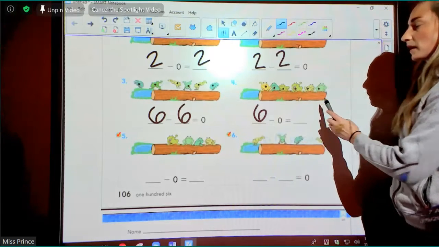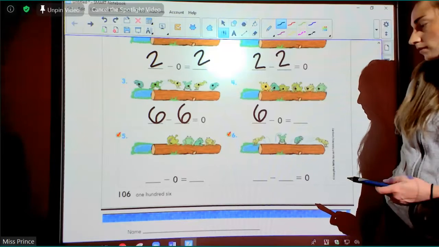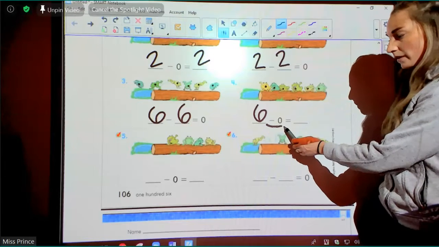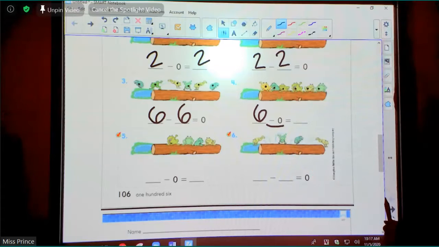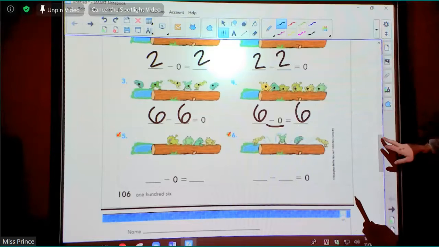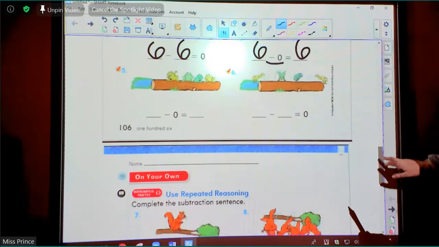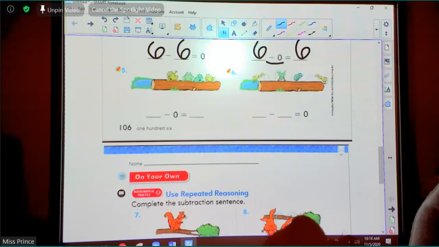Now, take a look at the picture. Are any of them jumping off of the log? No, so that's why we're taking away 0. So how many are left over, Liam? 6. Nice job. All right. Can I have you guys check that you're muted, please? Alakai, mute.